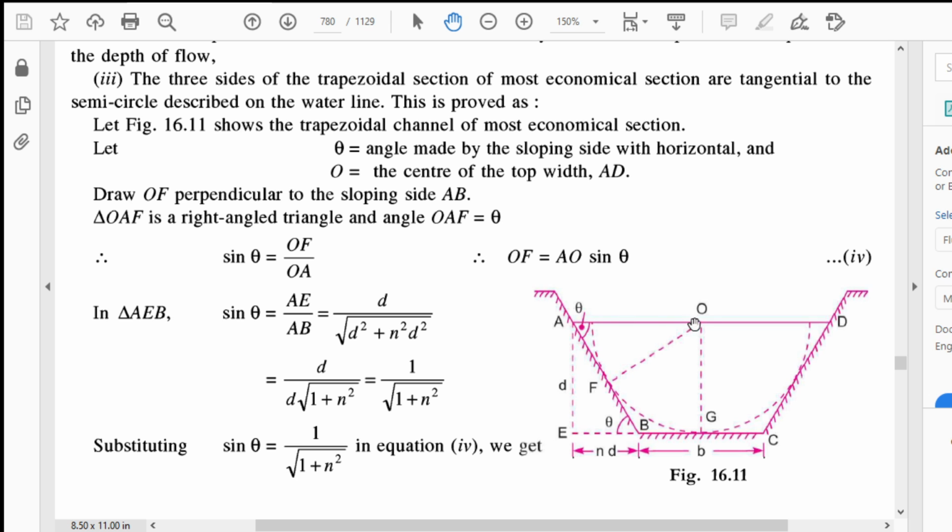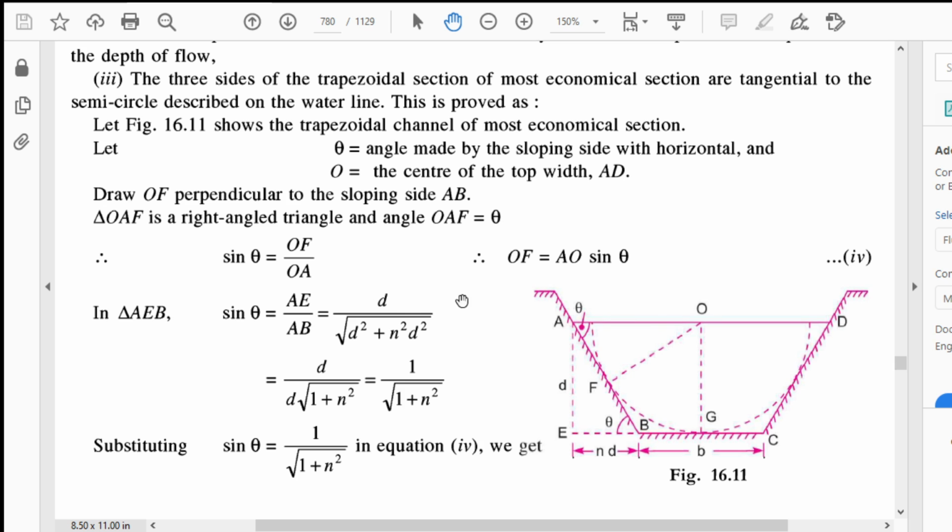Now consider this right angle triangle OAF. In this OAF, angle A is theta and angle F is 90 degrees. So sin theta value will be opposite side divided by hypotenuse, OF divided by OA, which is your hypotenuse.